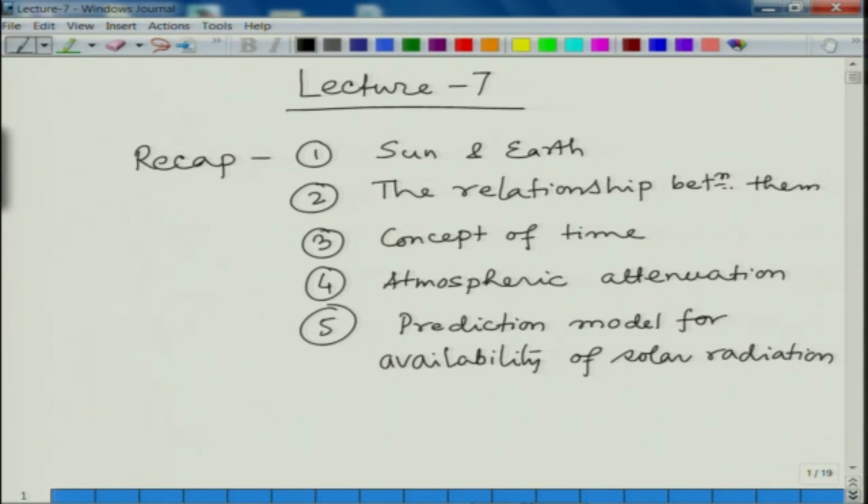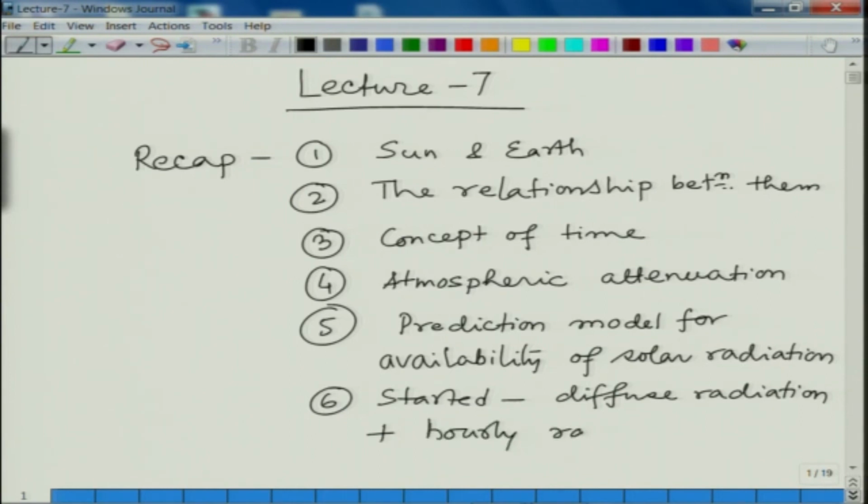That we covered in the last lecture, and what we just started, we started to look at the diffuse radiation component of the total radiation available, as well as the hourly radiation, how it is correlated with monthly radiation, or daily radiation.